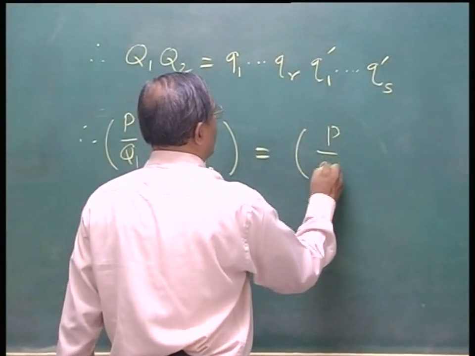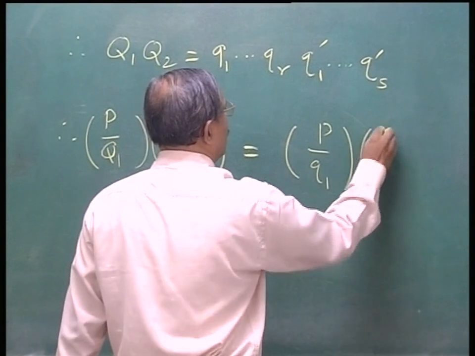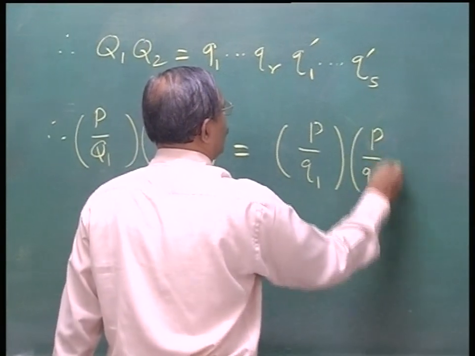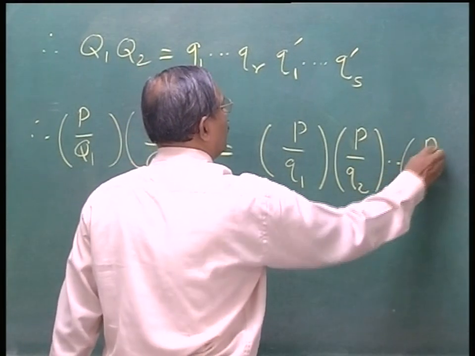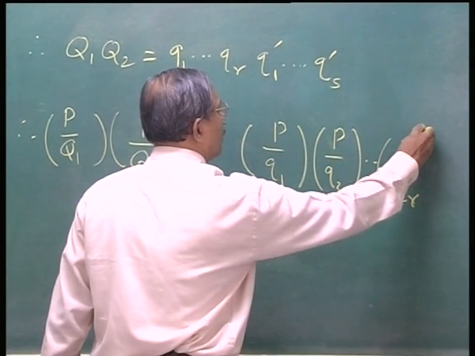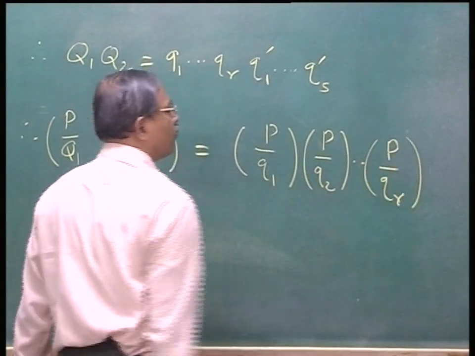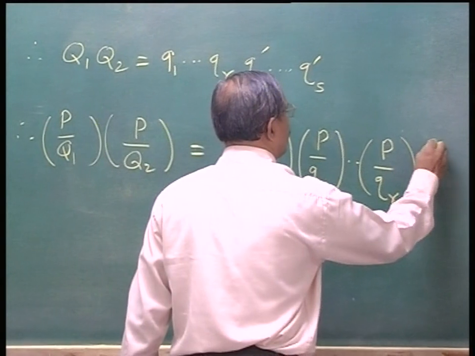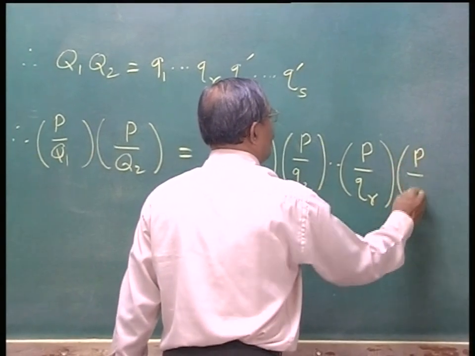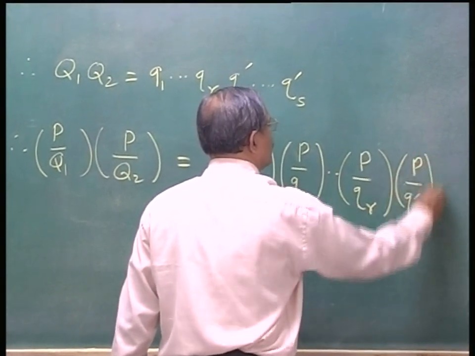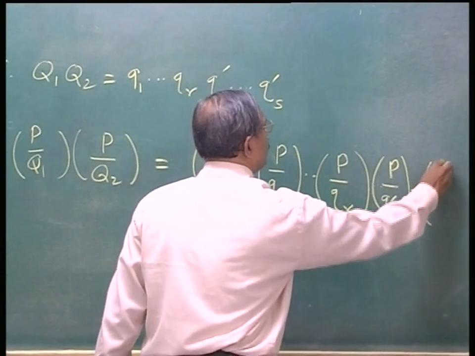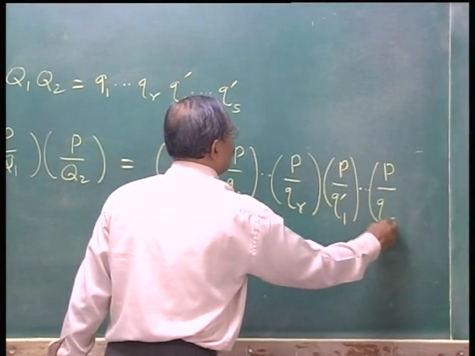It is (P/q1) ... (P/qr), then (P/q1 dash) ... (P/qs dash).